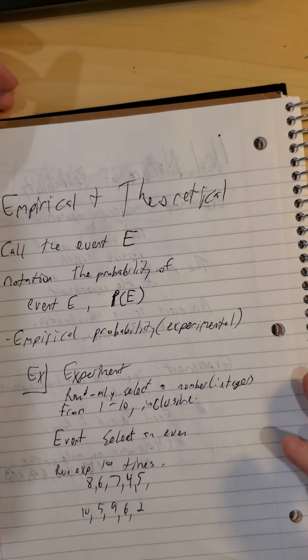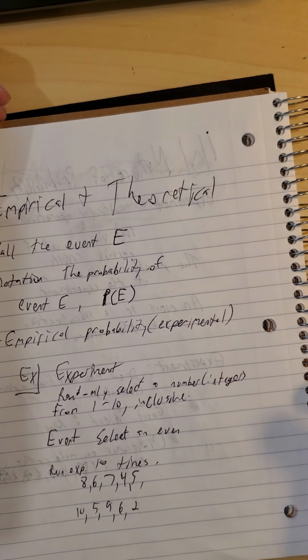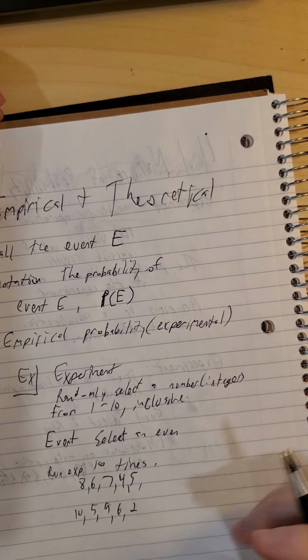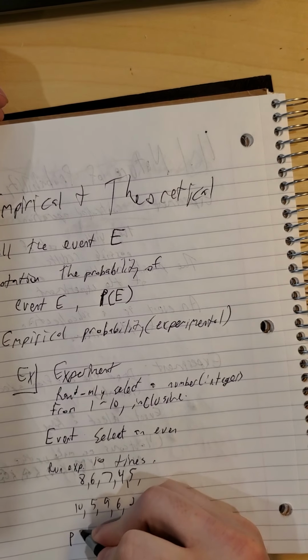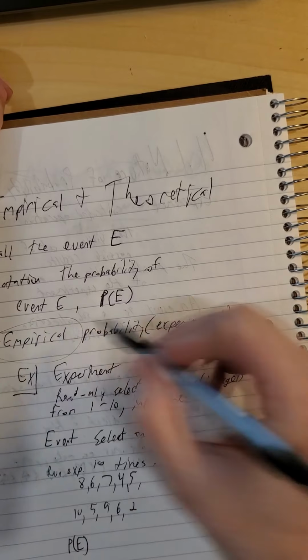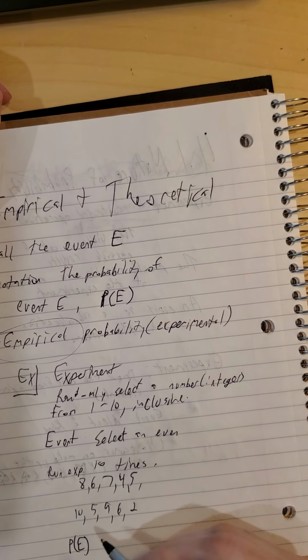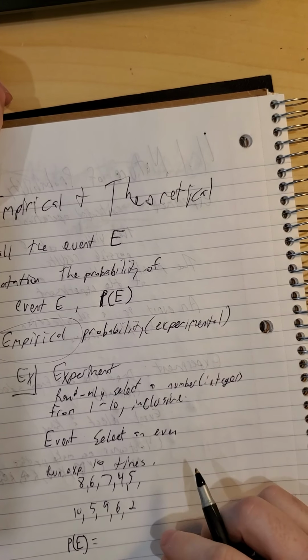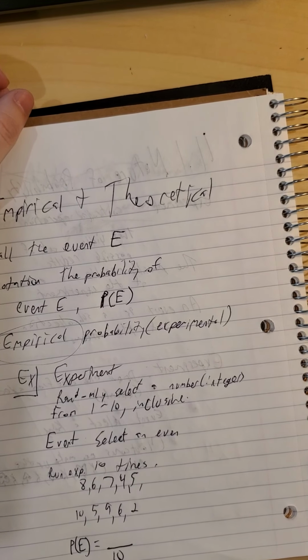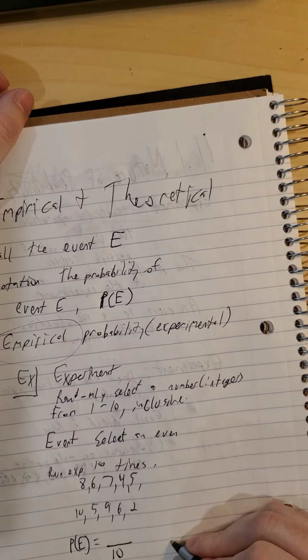So remember, an event would be that we had an even number. So the probability of an even, under the empirical headline, empirical probability of this event, we drew 10 numbers. So the bottom is just the total number of experiments.